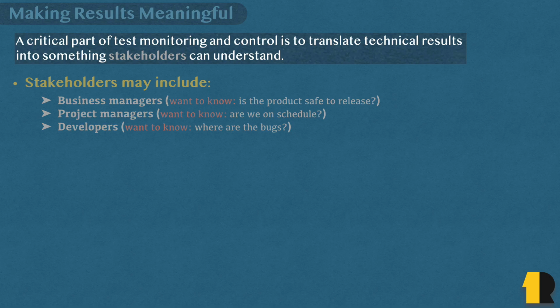However, not all stakeholders have the same point of interest in your monitoring and control activity. For instance, the business manager might want to know the current product safety stance. The project manager, on the other hand, might be interested in something else, like how fast the budget is being consumed. And the development team might just want to look at the trends just to know where the bugs are clustering.